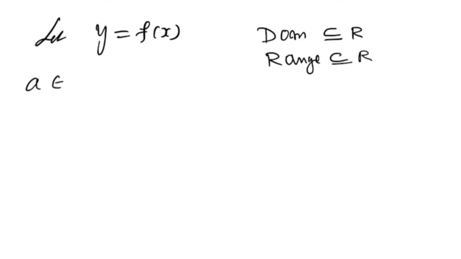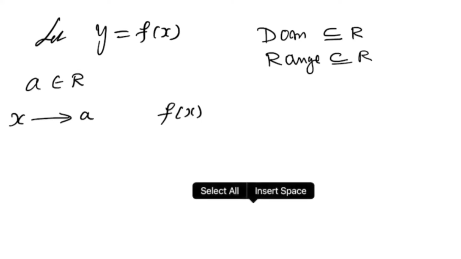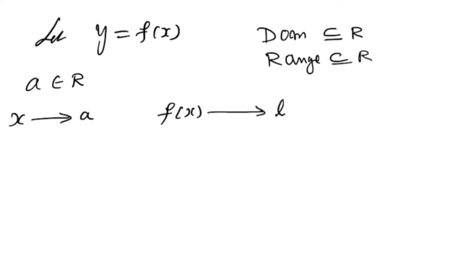Let a be any real number. We know that when we write x tends to a, it means that x takes values closer and closer to the value a, but not equal to a. Suppose the value of the function f of x approaches the value L whenever x approaches the value a.